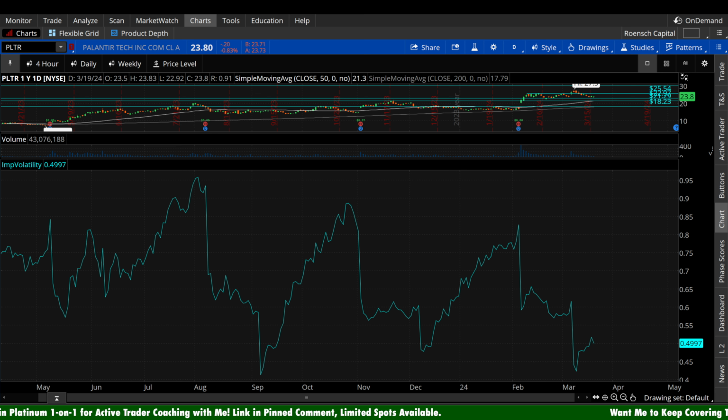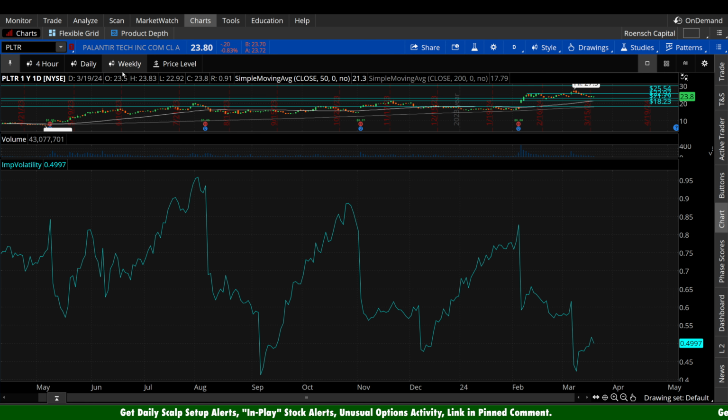That shows a certain level of comfort from the options traders. You're not seeing the options traders price in quite as much volatility, quite as much uncertainty as they have been over the course of the last year on average. And the lower IV goes, the more favorable conditions become for options buyers to step in and purchase contracts.